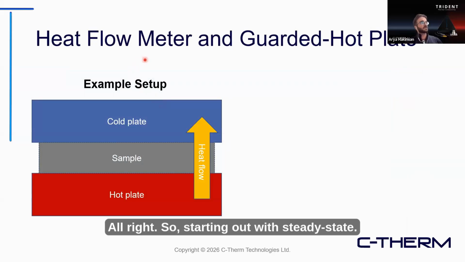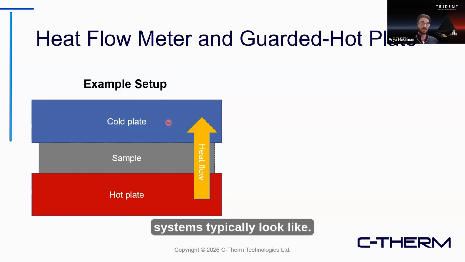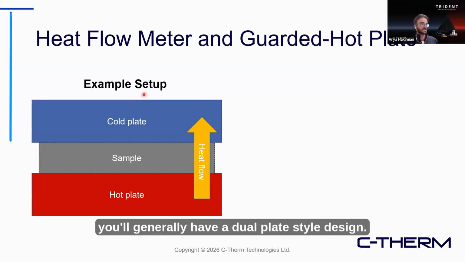All right. Starting out with steady state, heat flow meters, guarded hot plates, just a generic example setup here of what these systems typically look like. With steady state, you'll generally have a dual plate style design. One's a hot side, one's a cold side, and your sample is placed in between.